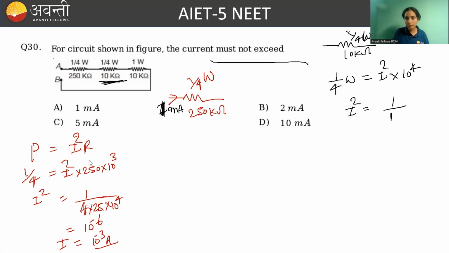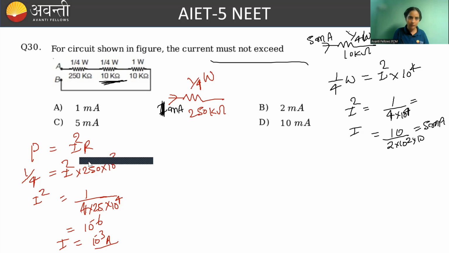It will be 1/4 into 10 to the power 4. If I take out I, then I will be equal to 1/2 into 10 to the power 2. So this will become 5 milliampere. So the maximum current that the second resistor can sustain is 5 milliampere. Over.